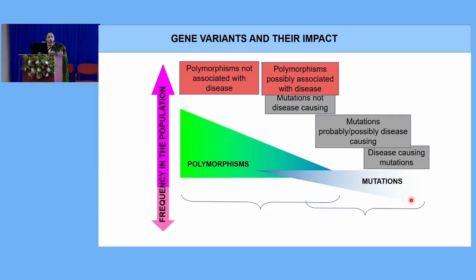And then you have the mutation, a sudden change in a gene which has an impact. So that could be not disease causing, and finally certainly disease causing. This is the spectrum we are looking at, and I'm going to concentrate on the mutations, the disease causing and the probably disease causing ones.